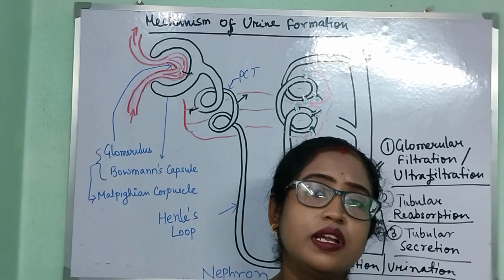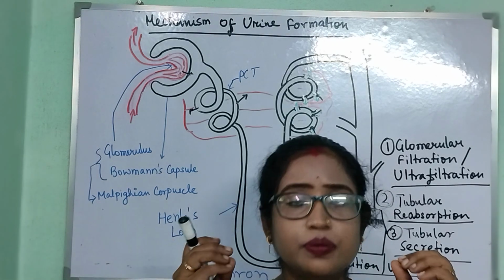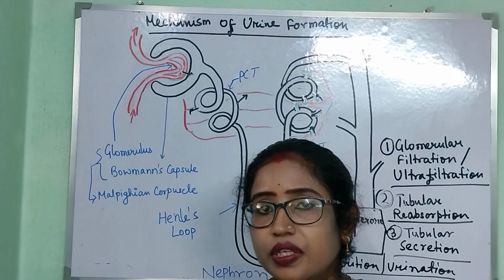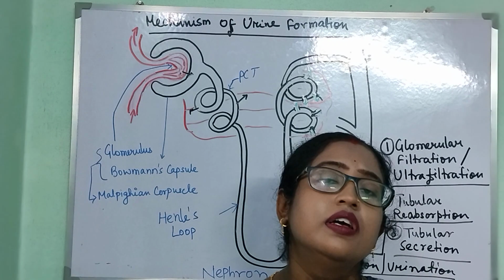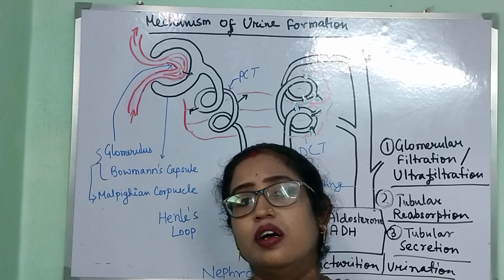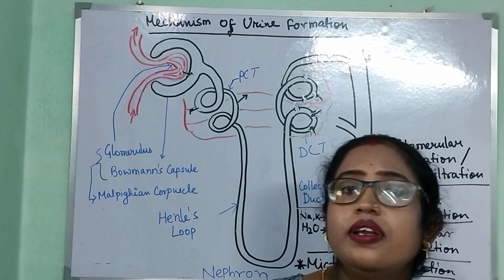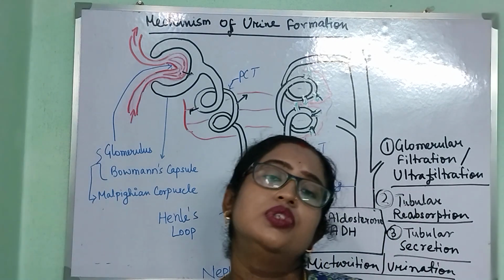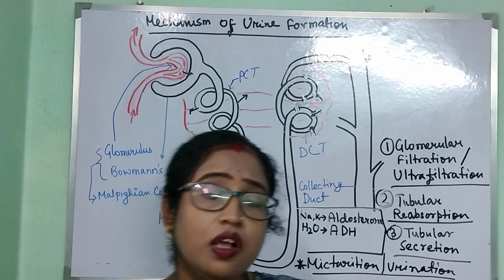Via peristaltic movement, from the ureter the urine is passed into the urinary bladder, where it is temporarily stored, and at frequent intervals from the urethra it is expelled out of the body.